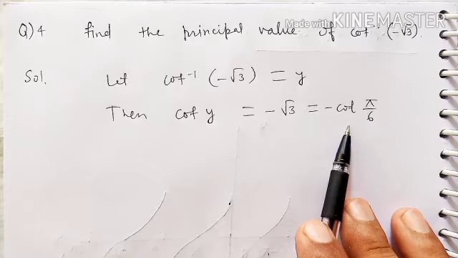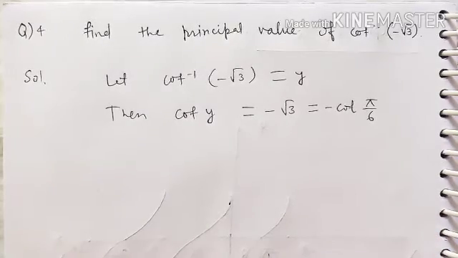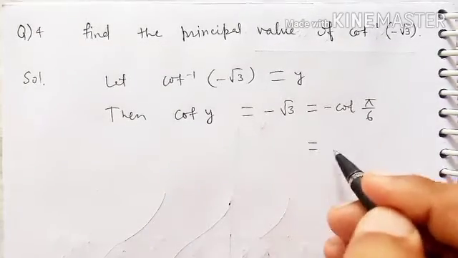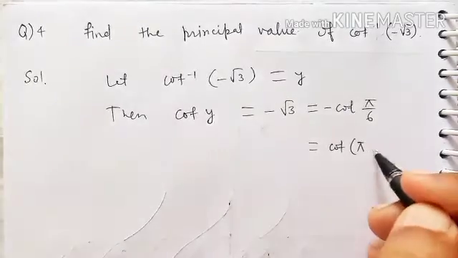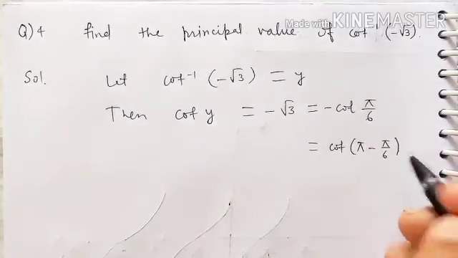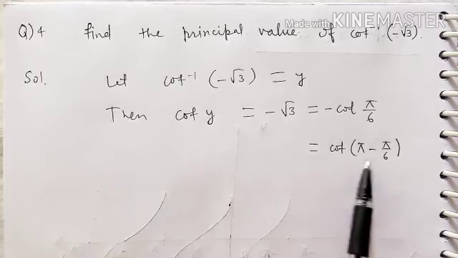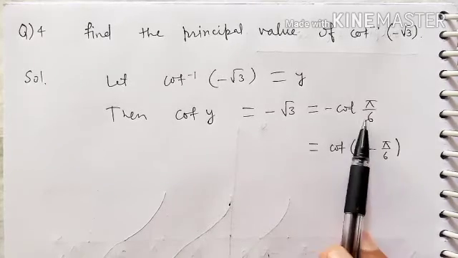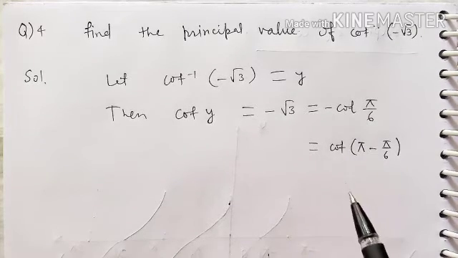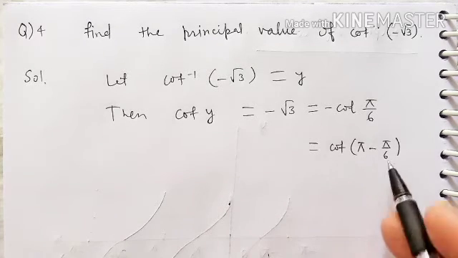So this can be written as cot of pi minus pi by 6, because we know that in the second quadrant cot becomes negative. Why do we take this value?